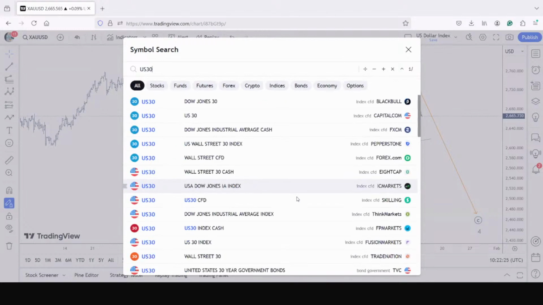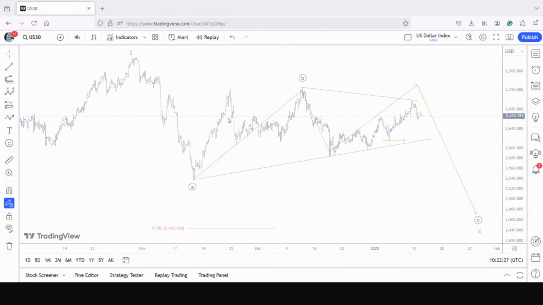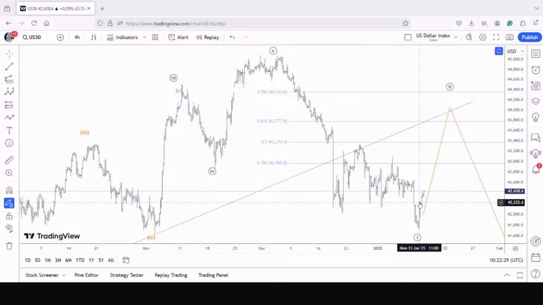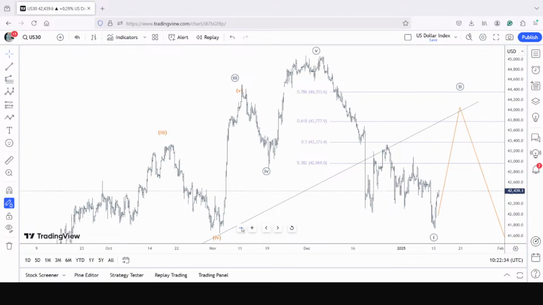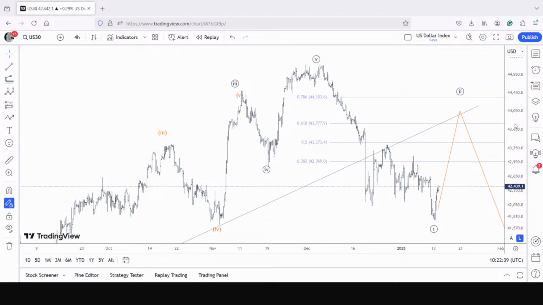The story in the Dow Jones is quite interesting, and it continues to be the same way that we have been tracking the euros and the pounds and other instruments. But it's possibly making the first move, the first wave of the lower degree. We should be looking towards a wave 2 drop.